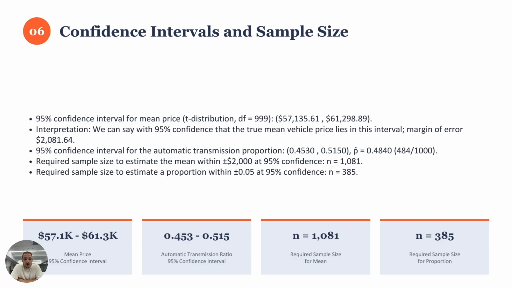For the automatic transmission ratio, the 95% confidence interval is about 45.3% to 51.5%, with a point estimate of 48.4%. To estimate the mean within plus or minus $2,000, we would need at least 1,081 observations, and for a proportion with plus or minus 0.05, at least 385.